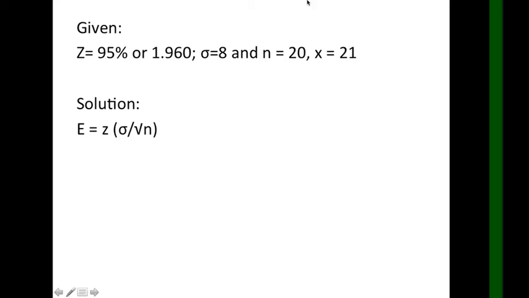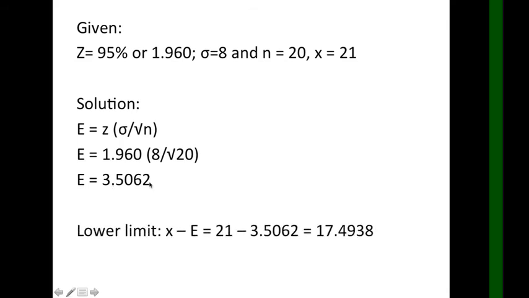Solution. For this one, again, we will use the formula. The Z is 1.960, sigma is 8, and the n is 20. Okay, on your calculator, 8 divides square root of 20. Then click equals. Then multiply to 1.960, then click equals. And you will get 3.5062. After getting 3.5062, get the lower limit. For the lower limit, we have x minus e.